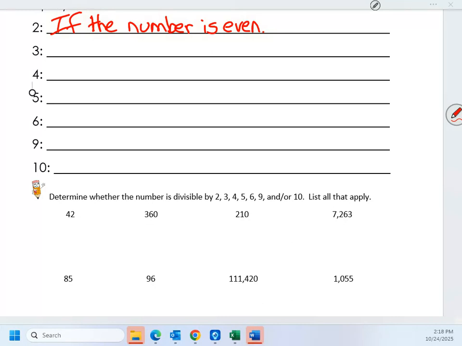If it's divisible by 3, the rule is if the sum of the number's digits is divisible by 3.